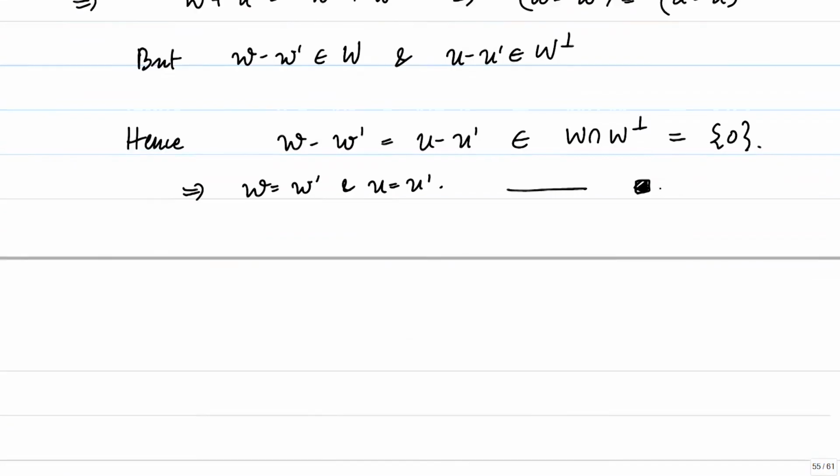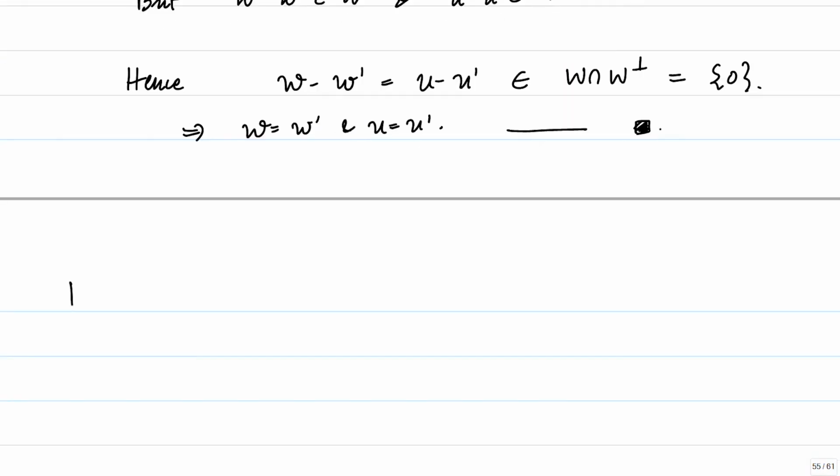So we call the vector small w, so let me keep that in picture, this vector small w, hence v is equal to w plus u, where w is in capital W. We say that w is the orthogonal projection, or rather the projection of v onto capital W.